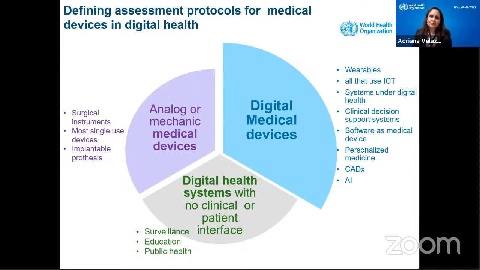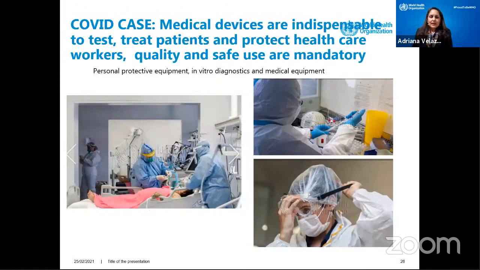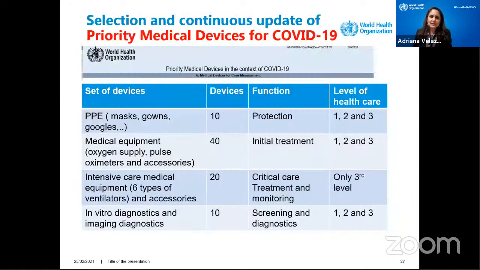When COVID arrived, we said, okay, we need to define what devices are needed for testing, to treat patients, and to protect healthcare workers. And what is the quality and level of use that we need? So this slide represents the use of all those devices.